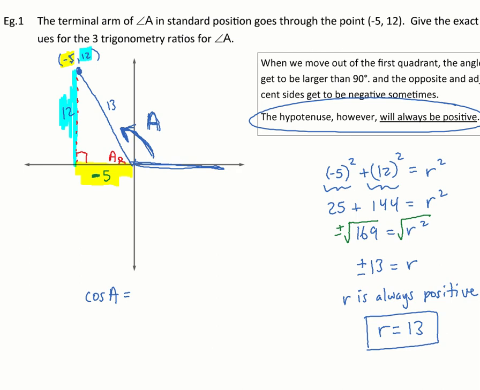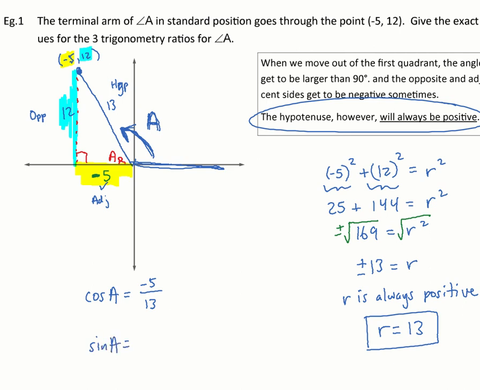So cosine of A is equal to adjacent over hypotenuse, or the adjacent side is the x side, so -5, and the hypotenuse is r, so that's 13. So all I'm doing is looking at the triangle and going adjacent, opposite, hypotenuse, and filling in the blanks.